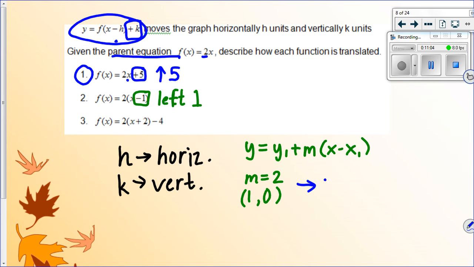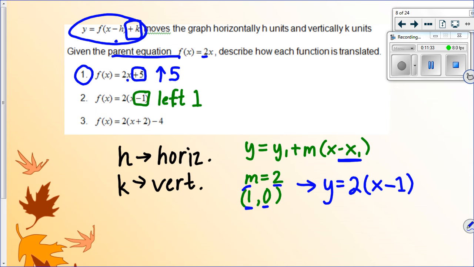So I'm going to start over here, y equals y sub 1. Well, y sub 1 is 0, so I'm not going to worry about that. My slope is 2, so 2 times x minus x sub 1. Well, x sub 1 is 1, so x minus 1.